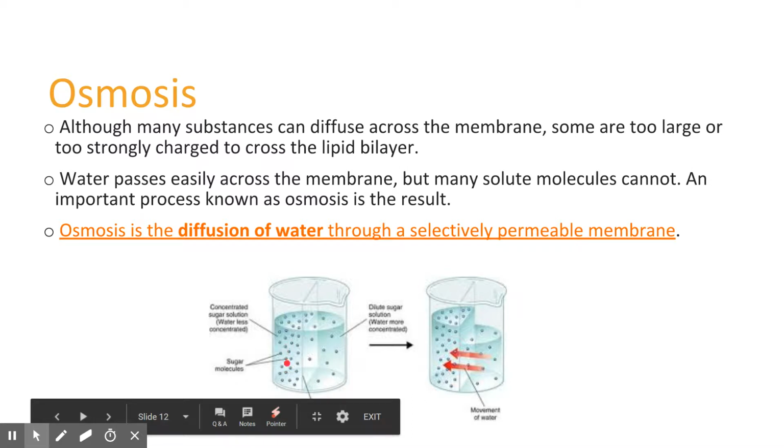Because there's a higher concentration of the sugar molecules over here on this side, water is actually going to move from the right side to the left in order to create an equal concentration. So you can see over here, water has left the right side. It's gone over to the left side, resulting in a higher volume of water, but actually this is causing the concentration to become equal.